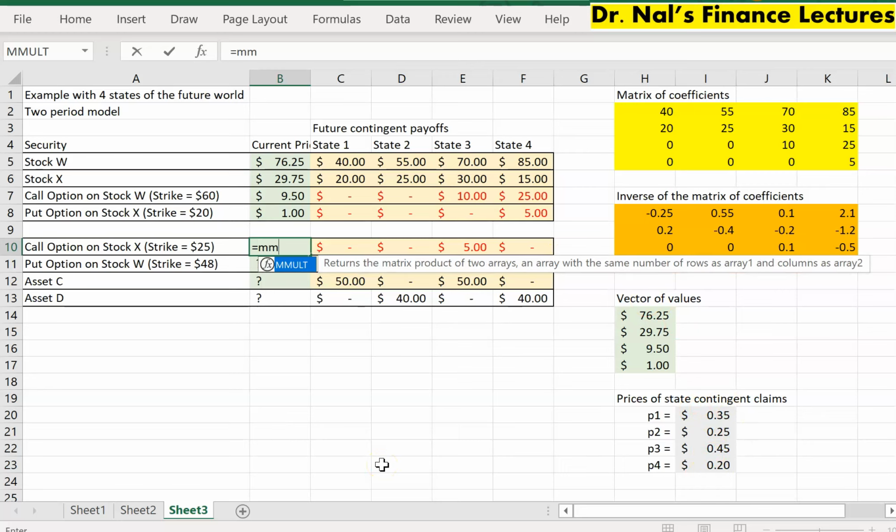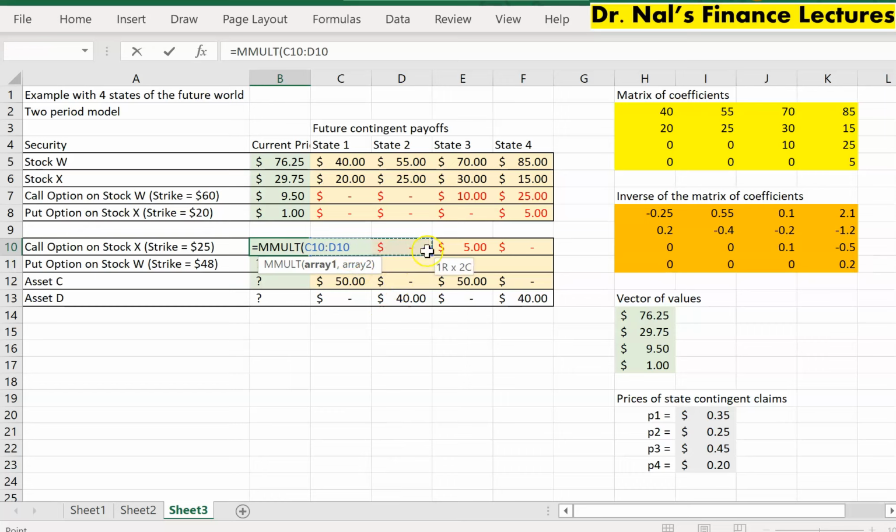So it's basically a matrix multiplication again. So all I do is multiply this with this. Does that make sense? So a 1 by 4 multiplied by a 4 by 1 will give you a 1 by 1 vector, which is just a number basically, and that's it. So this call option is worth $2.25.